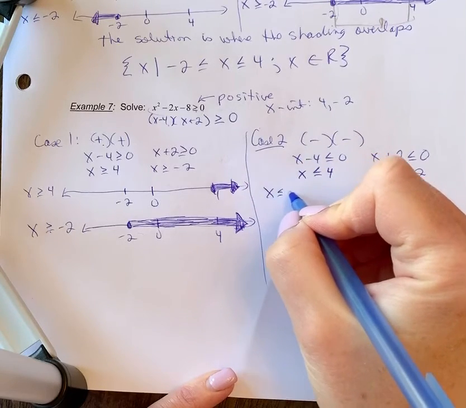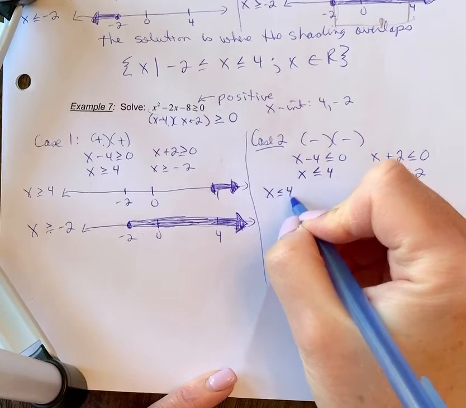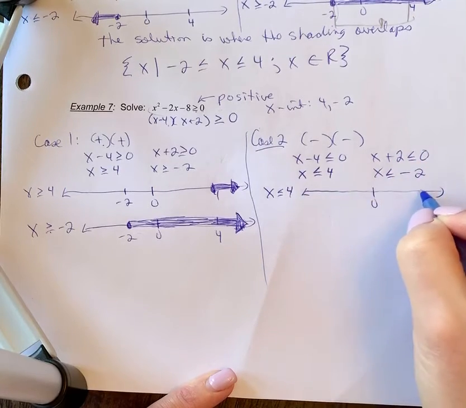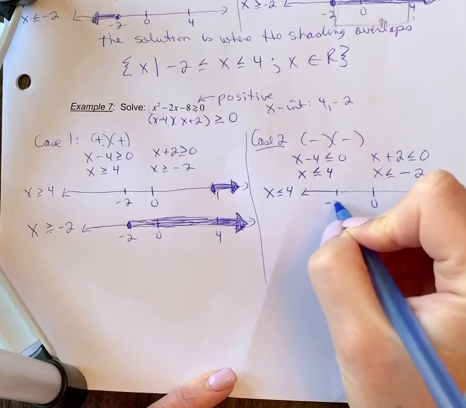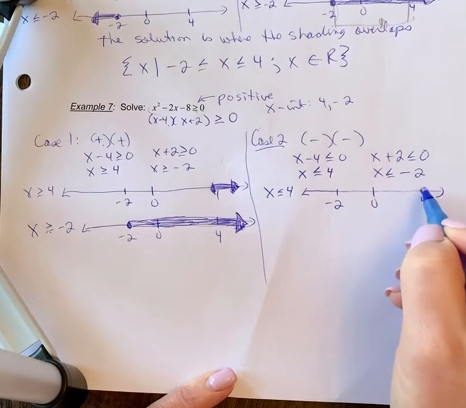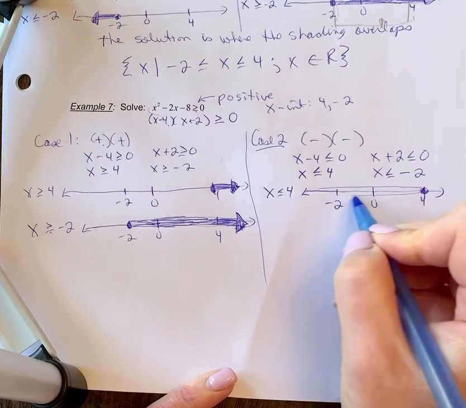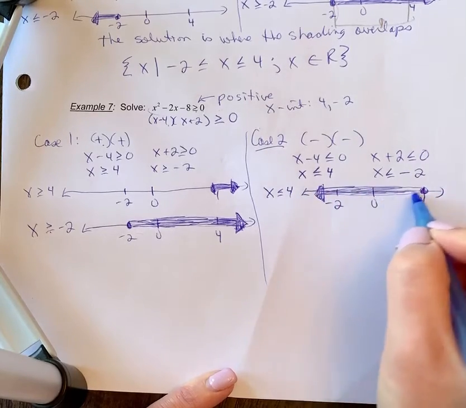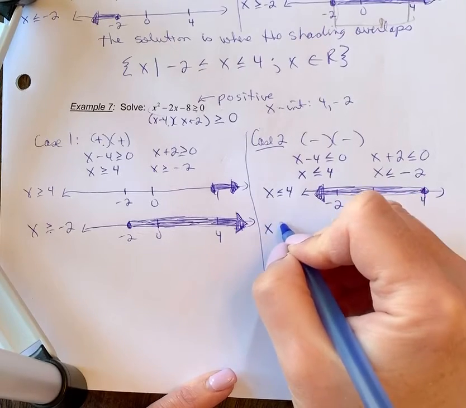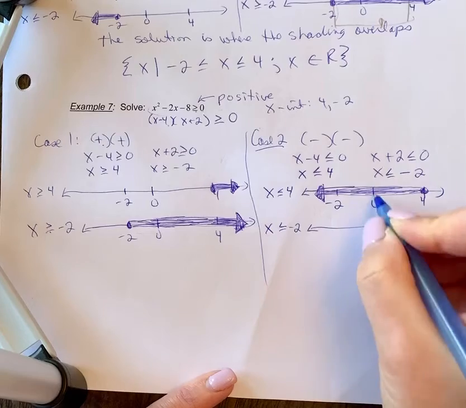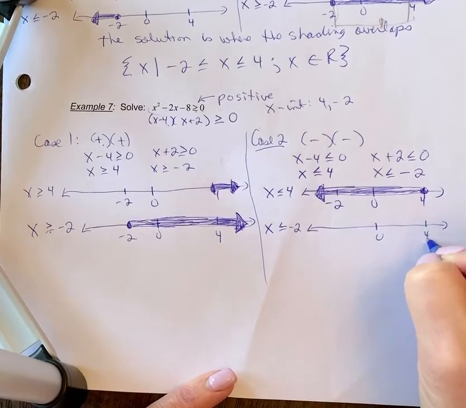We're going to graph on a number line x is less than or equal to 4. So we put our 0, put our 4, put our negative 2. Less than 4, I'm going to put that here. And again, you want to make sure you shade past the other critical point. And then we're going to draw on the number line x is less than or equal to negative 2, lining up your number line to make the overlap stand out.